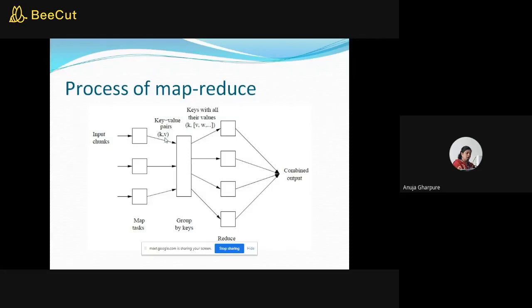All these people named Sushant, having keys that end with some other word, will be grabbed or collected together by a function called group by keys. Now, who will perform this task? Group by keys will be performed by the master controller. As shown in the diagram, keys with all their values. So Sushant and all the surnames together will be collected over here.